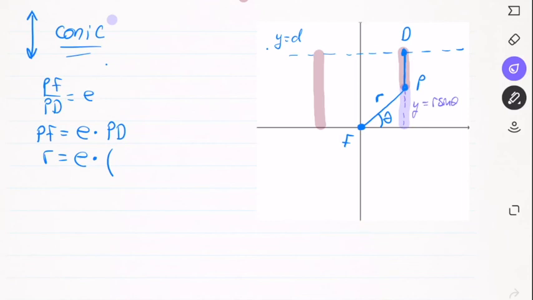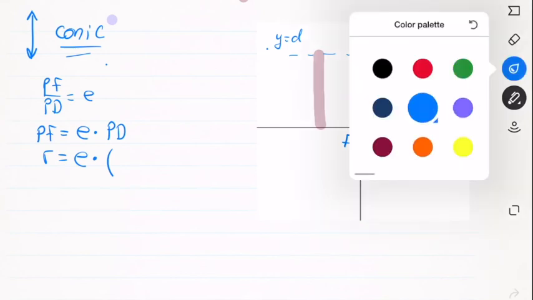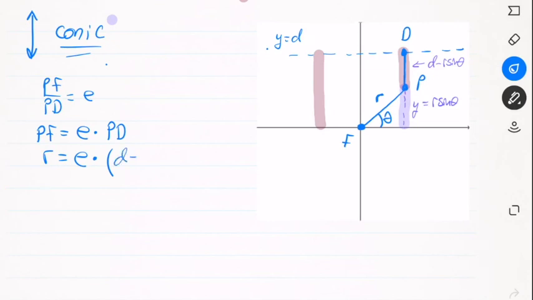And then this piece becomes d, the entire distance, minus that r sine theta. Okay, so then we can go back to my other color. This becomes d minus r sine of theta. All right, so if this is the case, then after we mess around a little bit, r is equal to ed over 1 plus e sine of theta.